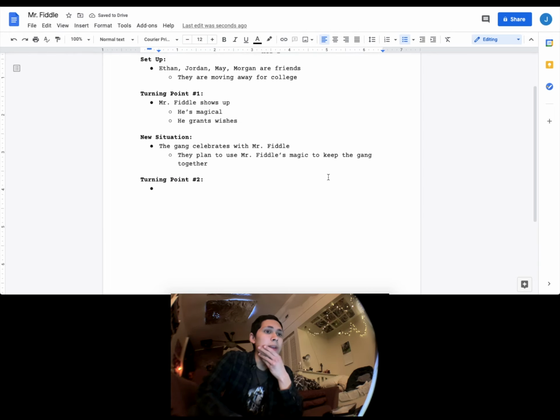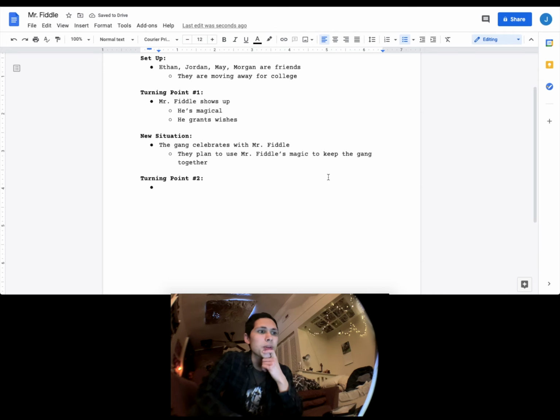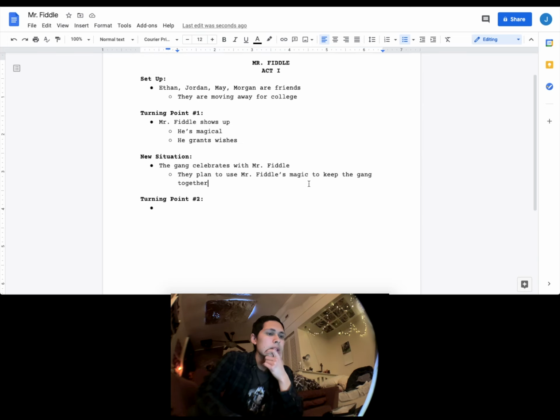So then this is when poop hits the fan pretty much. This is when, like, another sudden change that kicks us off and pushes us on our story. So, I'm thinking out loud, I'm wondering what could ramp stuff up. So obviously this is probably where Mr. Fiddle turns evil, or it's revealed to be evil.